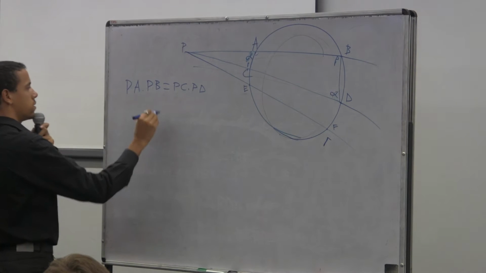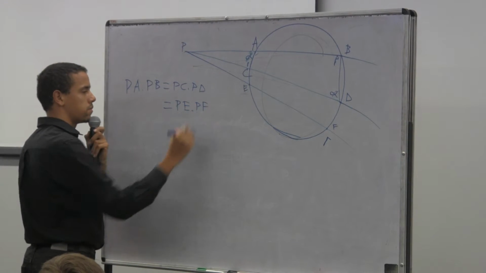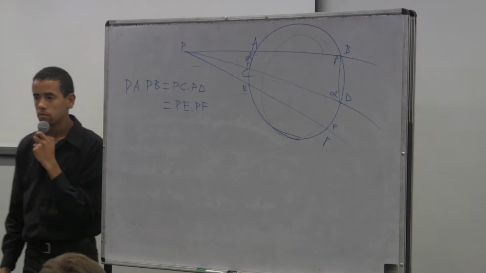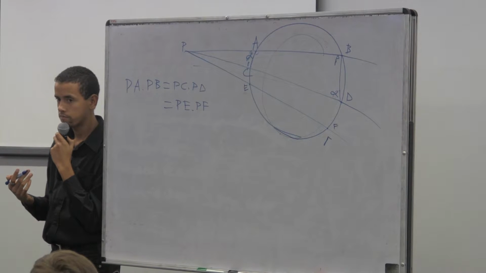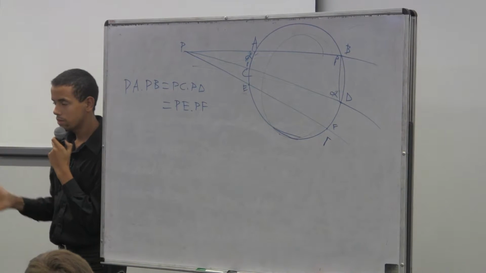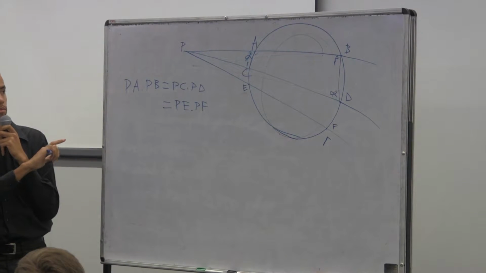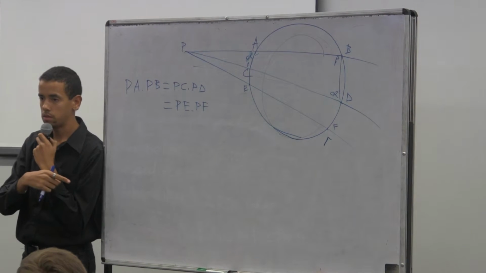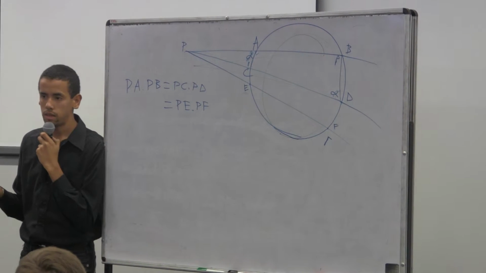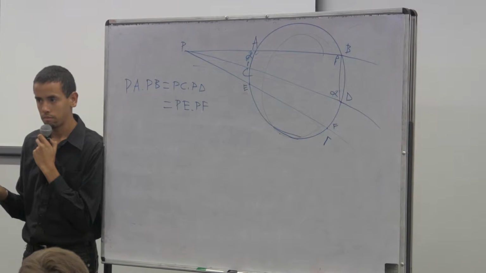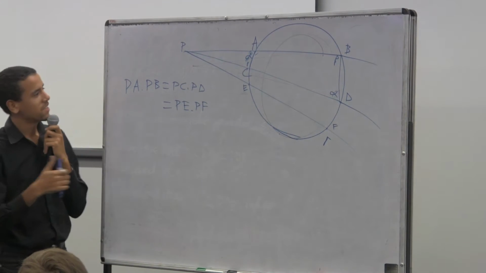Can you see that this is also PE times PF? Because it's the same thing we just proved. So what's cool is you can take this point and do any line which goes through the circle, and this value, whatever it is, is the same. Is that cool? Yes. Good.